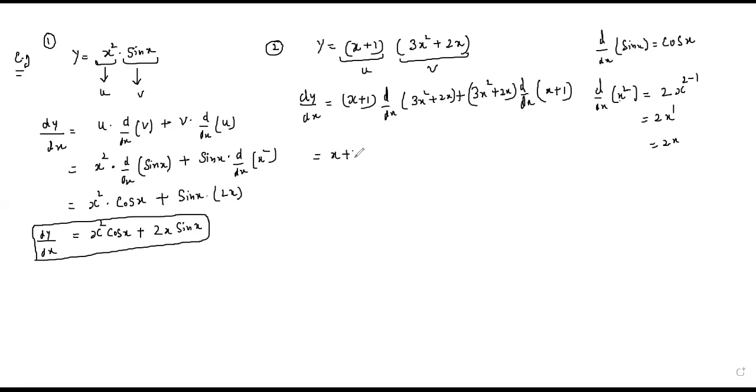Now, this is as it is, derivative of 3x square first. So this is equal to 3 constant as it is, power comes at front, 2x to the power 2 minus 1, that is 1, so I will not write it, plus derivative of 2x, 2 as it is, derivative of x is 1. We have already done this.